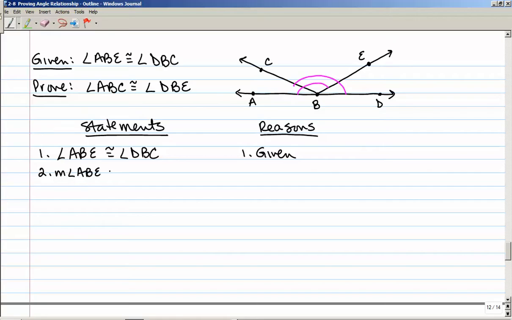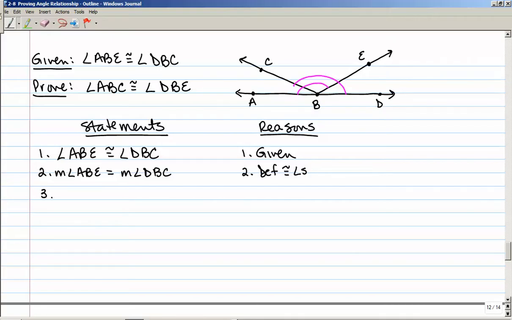And when we do that with angles, we have to say that the measure of the angles is equal. So the measure of angle ABE is equal to the measure of angle DBC. And that's the definition of congruent angles. If the 2 angles are congruent to each other, then their measures are equal.